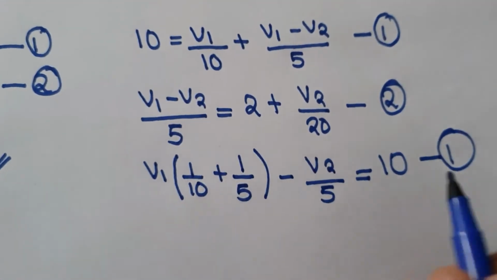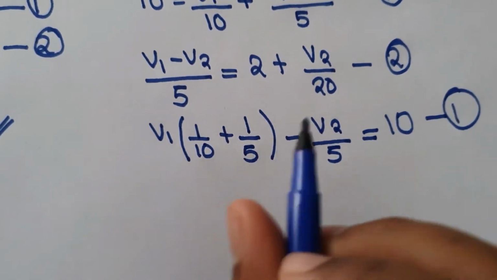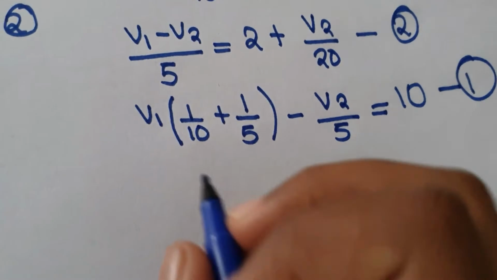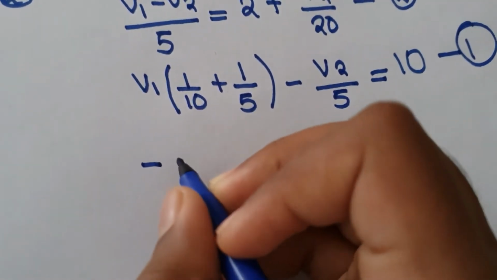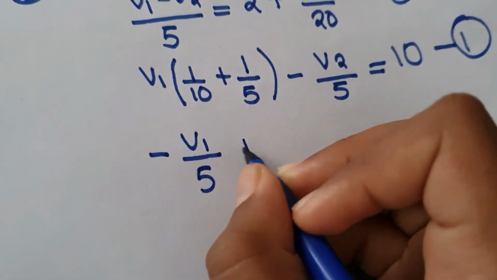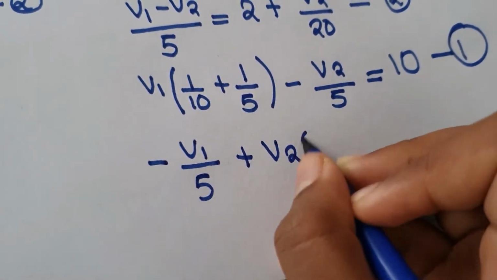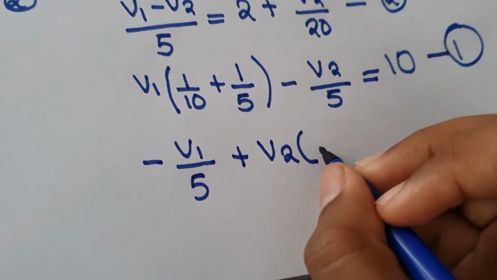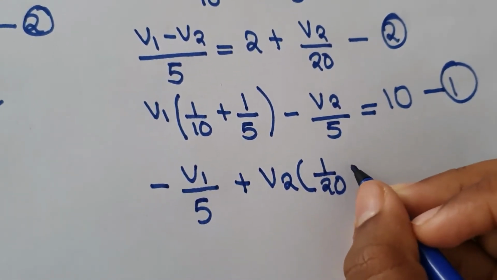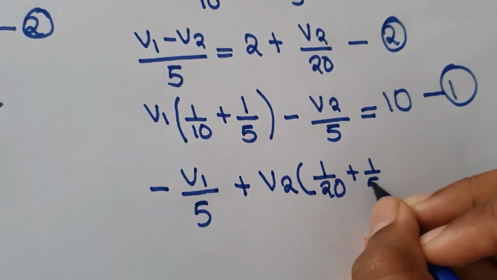Then for the second equation, we need to group these to one side. That will be minus V1 by 5 plus V2 times (1 by 20 plus 1 by 5).